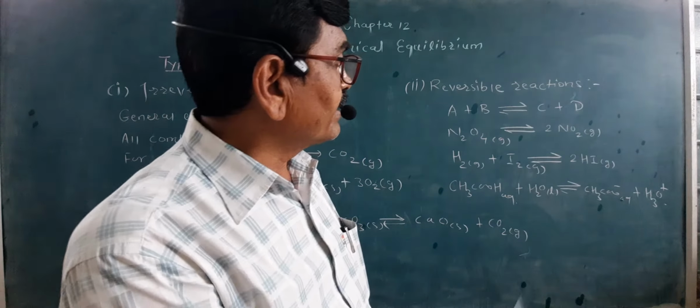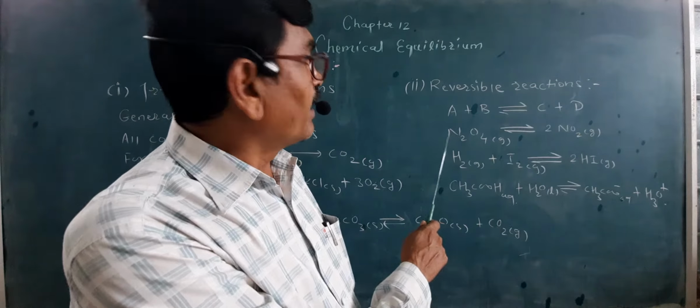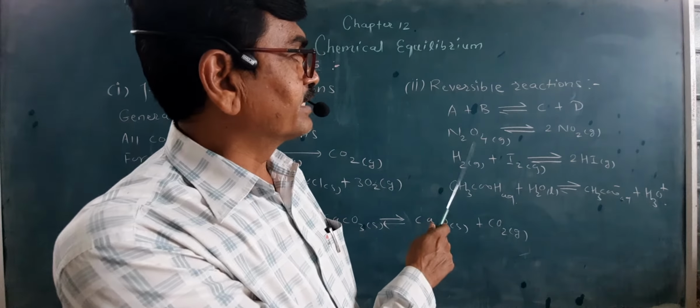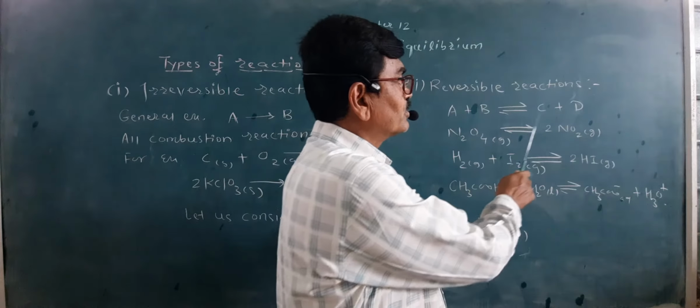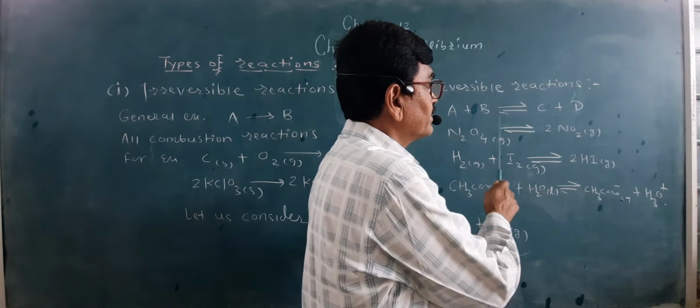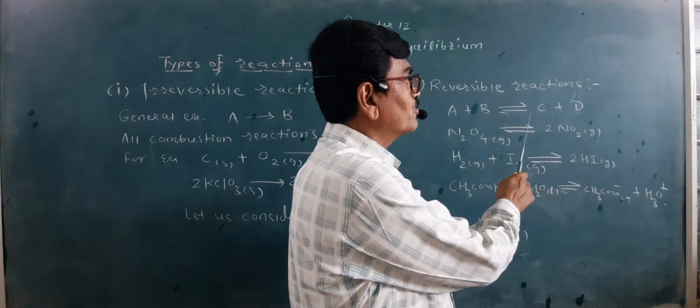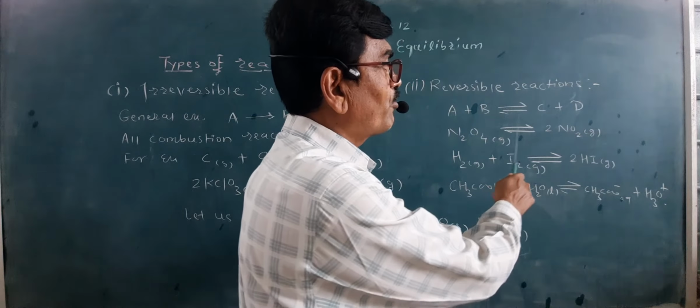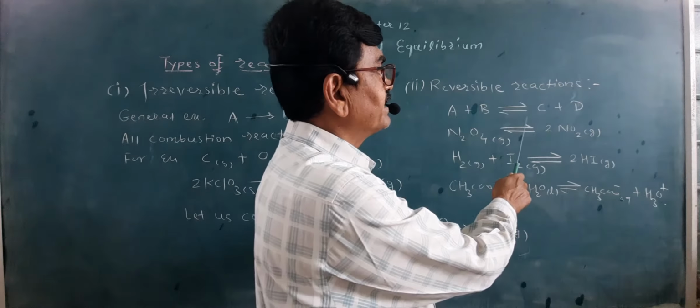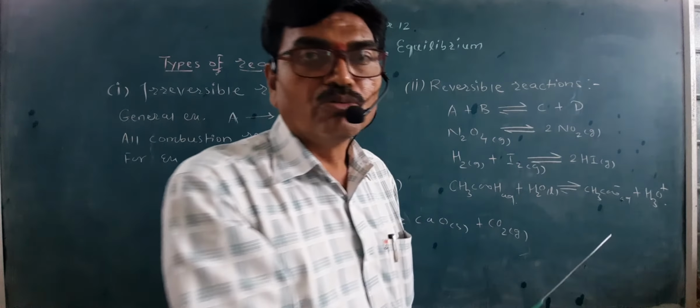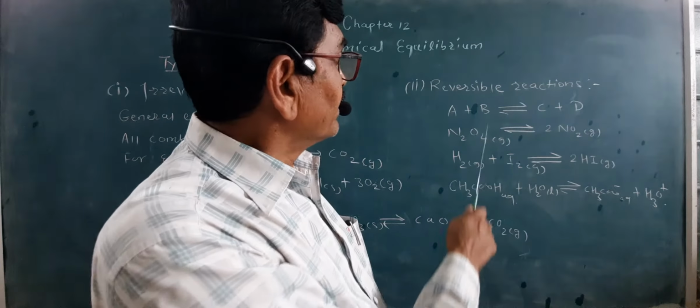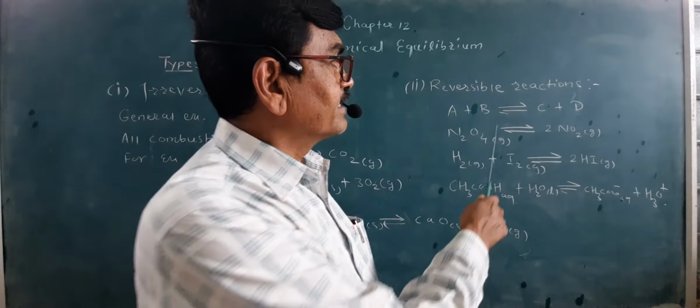Let us consider a general reaction to see how a reversible reaction is represented. A plus B gives C plus D. Two half arrows pointing forward and backward are placed between the reactants and products, which represents a reversible reaction. So look at this.